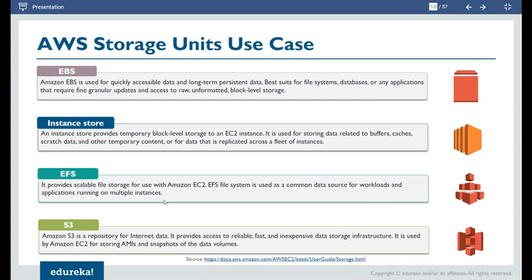Just like your Google Drive cannot be mounted on your machines, S3 also cannot be mounted on your machines. Are we clear? What is the difference between EFS and S3? EFS are mountable drives which can be mounted on your machines.